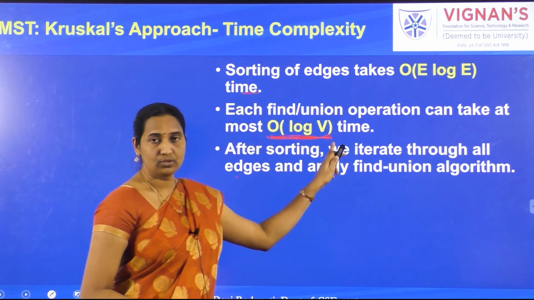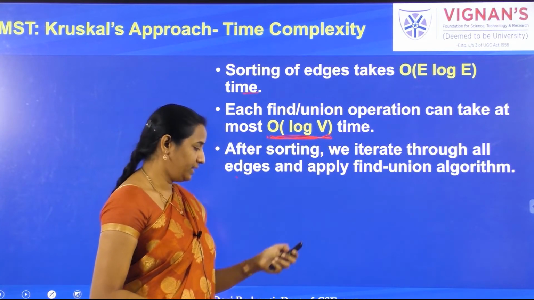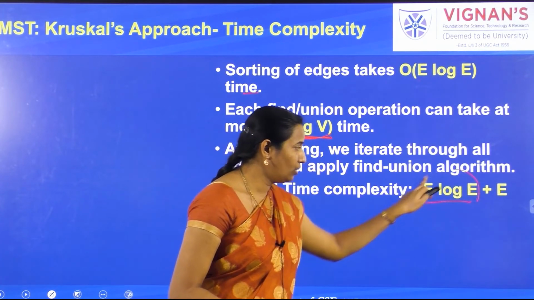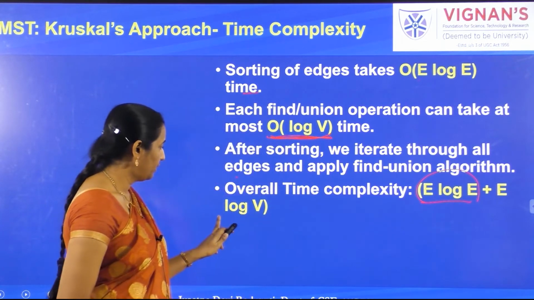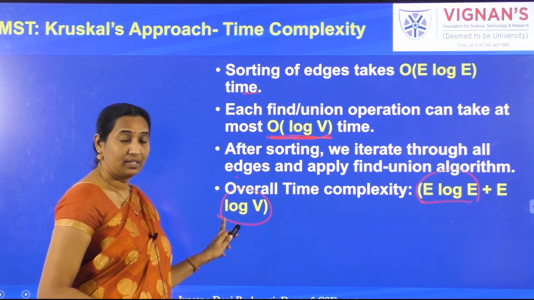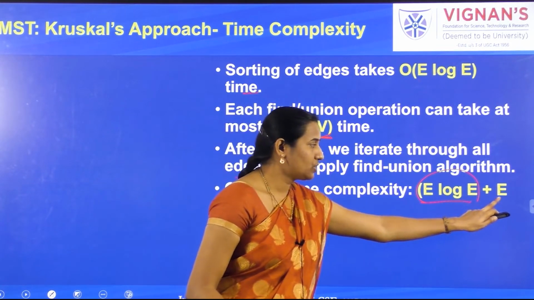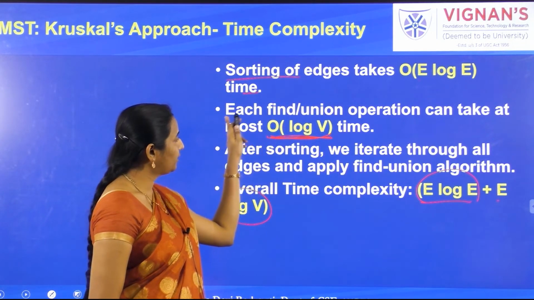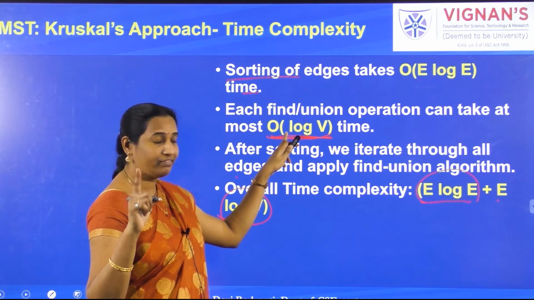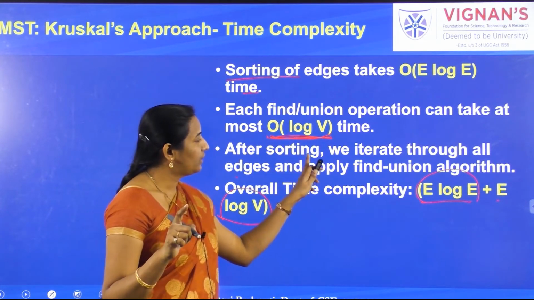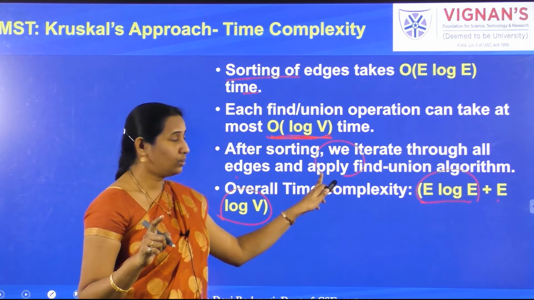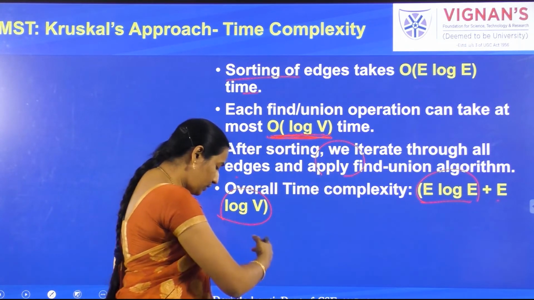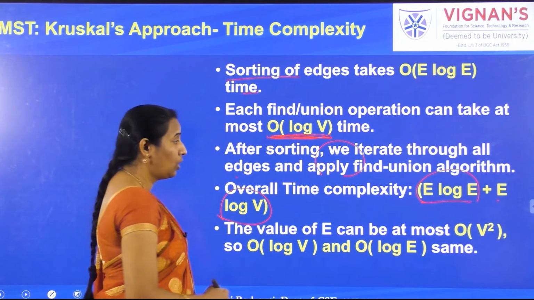So it will be order of E log V. The total time complexity is order of E log E for sorting the edges, and E log V for the union and find operations on every edge, since for all the edges you need to apply the union find operation.